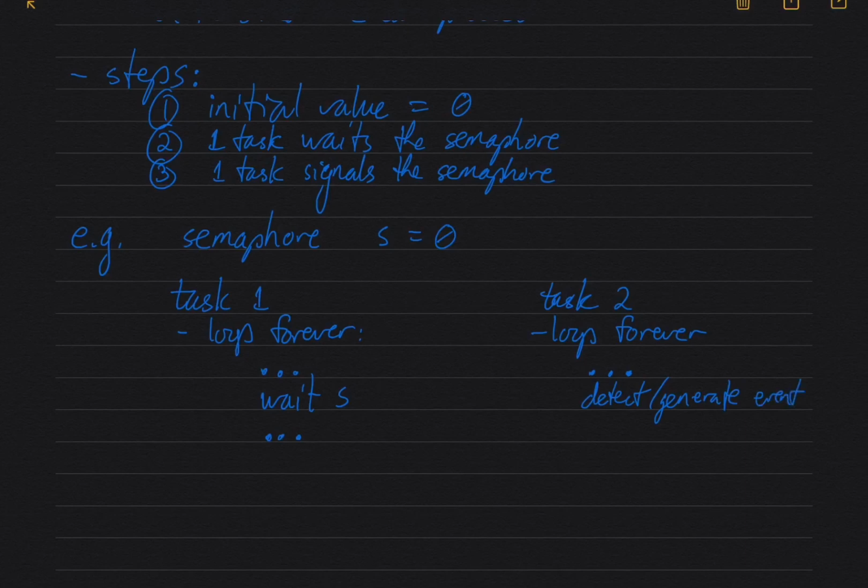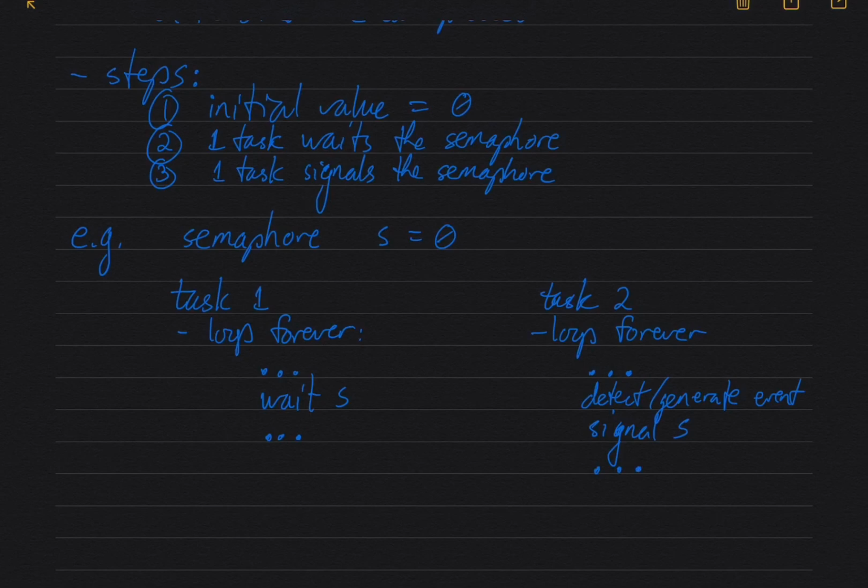So it may produce data, or it may read an input and realize that whatever event task 1 needs has happened. So then it will signal S. That will unblock the other task that's waiting on that semaphore, so then that task will be able to continue.